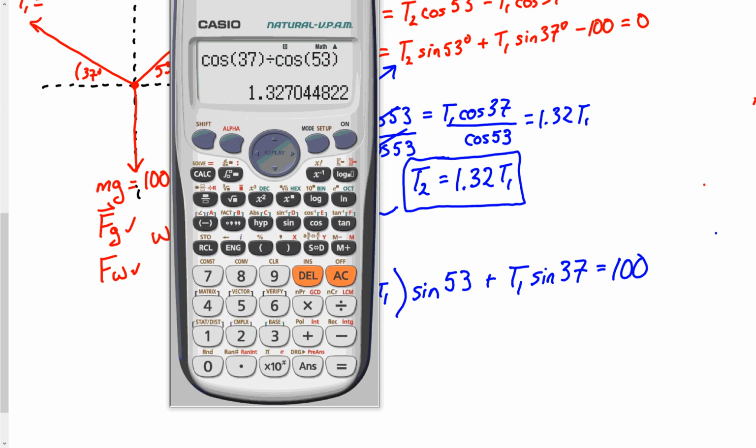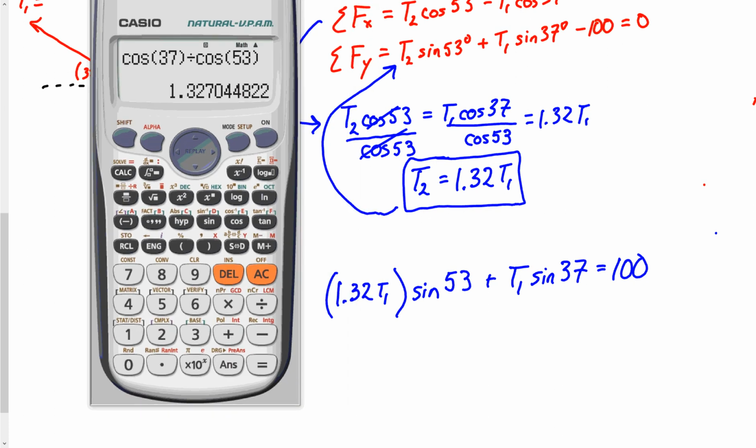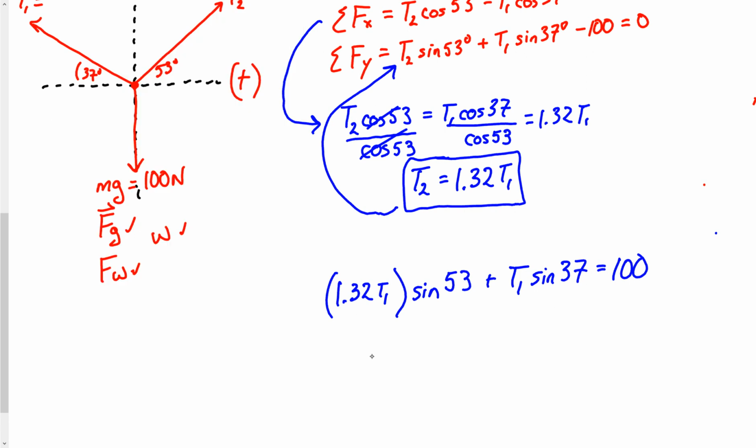Again, the physics was over a long time ago. So 1.32 times the sine of 53, we've got 1.05, so this becomes 1.05 T1.